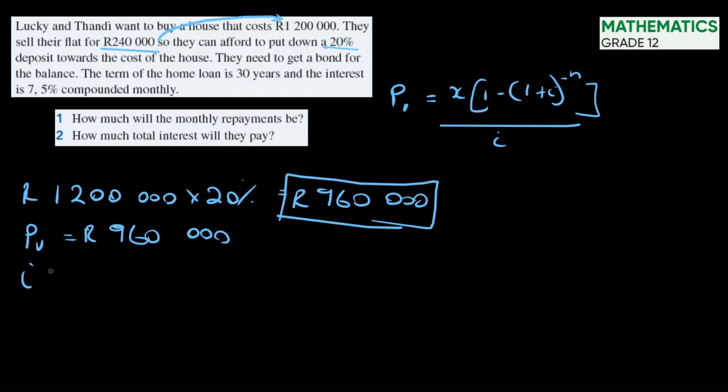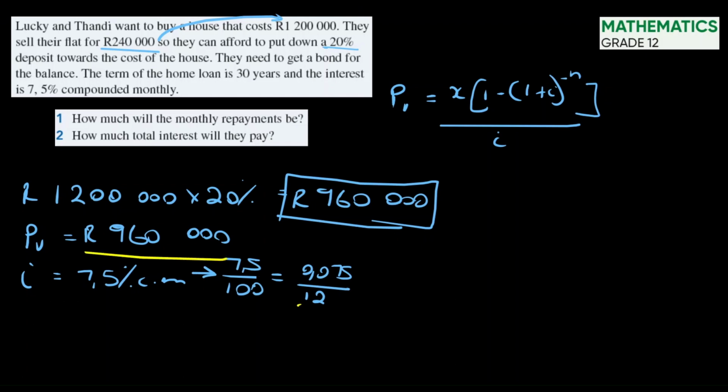We are told that the interest is 7.5% compounded monthly, which means we need to take the 7.5% divided by 100, which gives us 0.075, and because it's compounded monthly, divided by 12. That's a key element. And do we know for how long? The term of the loan is 30 years.